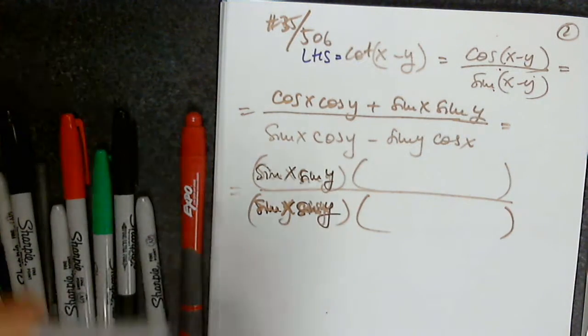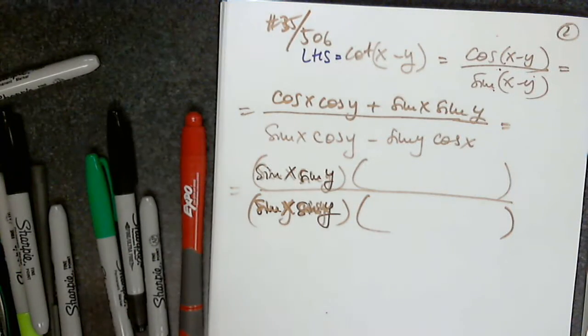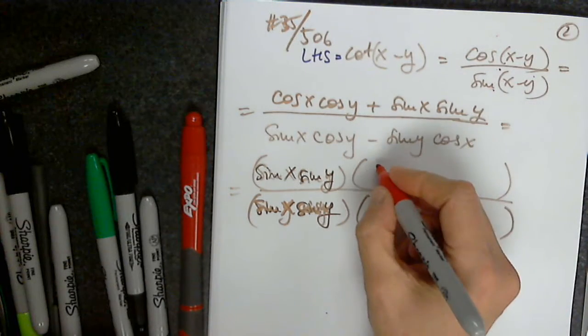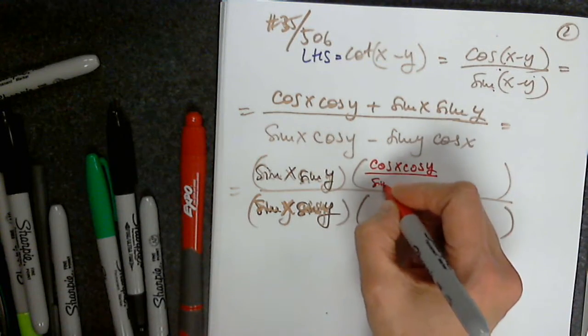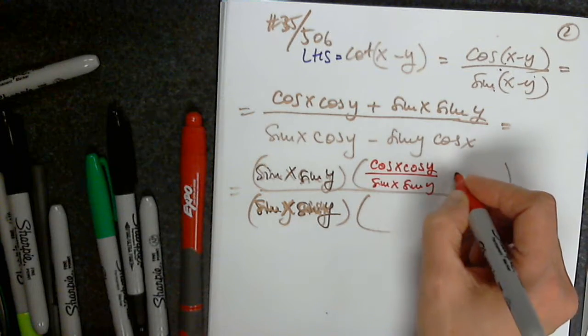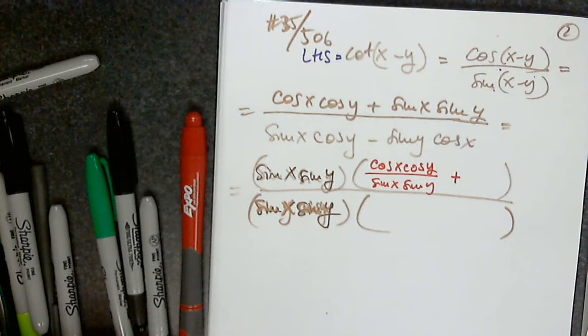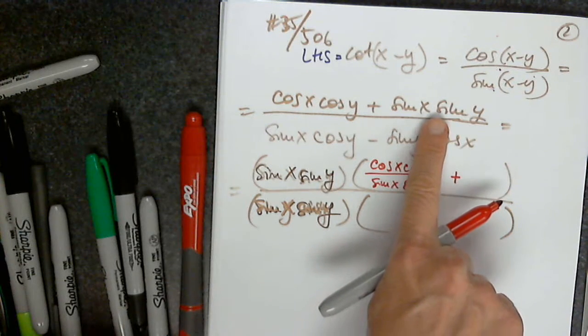Okay, let's see now carefully what we have left at the top. Cosine x, cosine y over sine x, sine y, and then plus sine x, sine y over sine x, sine y. So how do we get that over that?